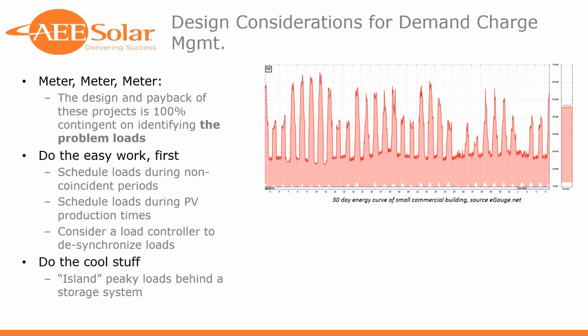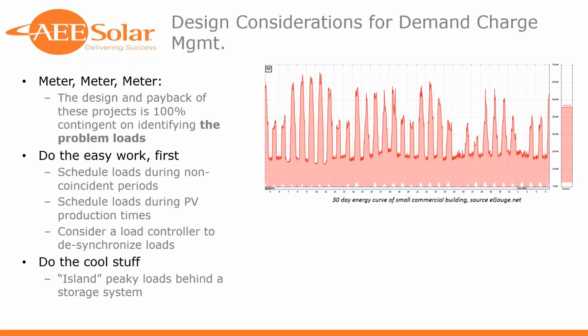So what's a problem load, real quickly? This is something that's driving a big kW number that is possibly repeatable, possibly not. But it's the peak kW number you're trying to address. And for this to be the most cost effective, it's a peak load that has, let's call it, a low energy function.